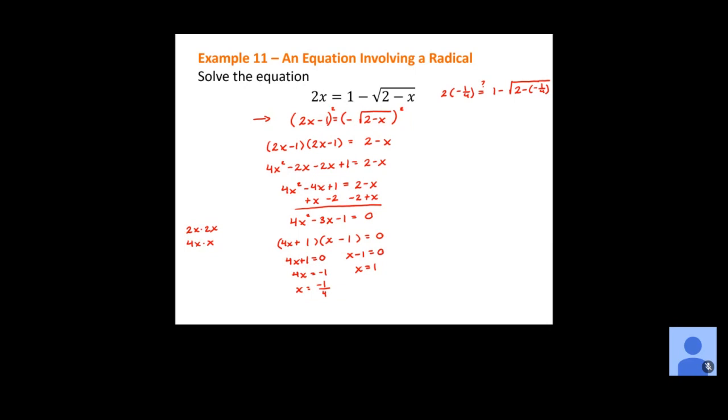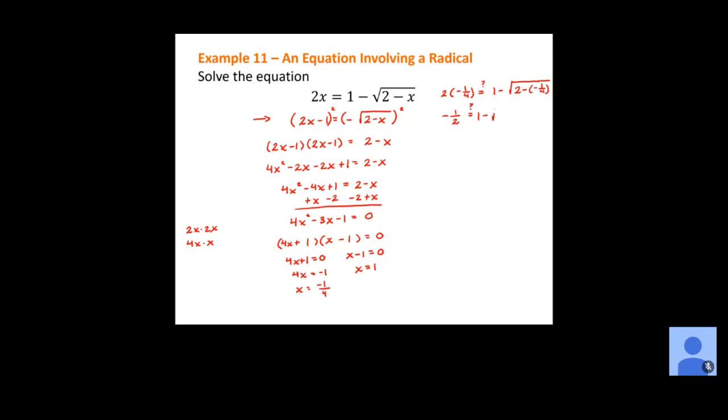Okay, so if we multiply 2 times negative 1/4 on the left, what is that going to give us? Good. This is negative 1 over 2, because that would be negative 2/4, right, which would simplify to negative 1/2.